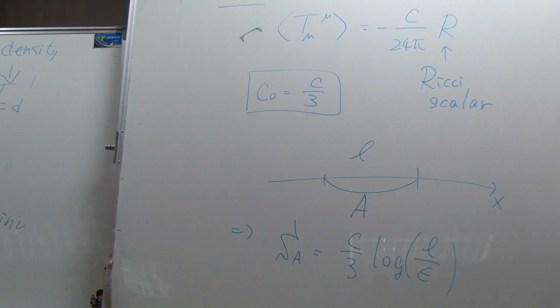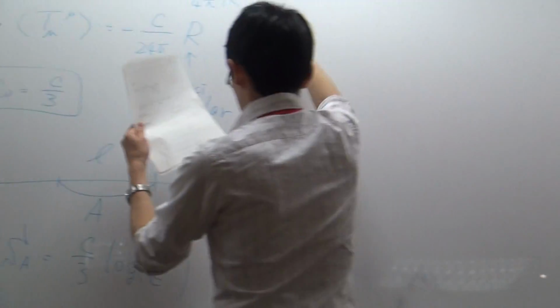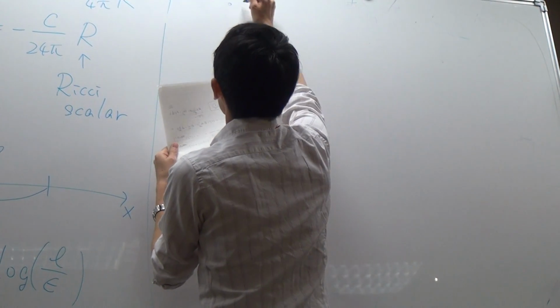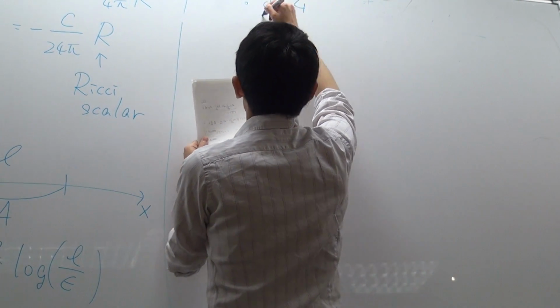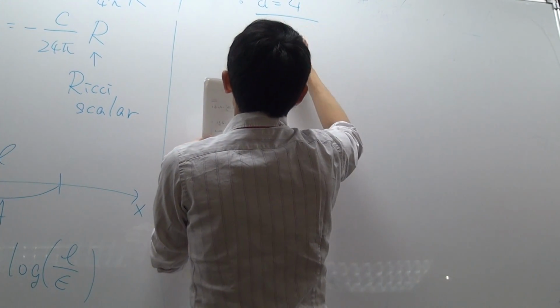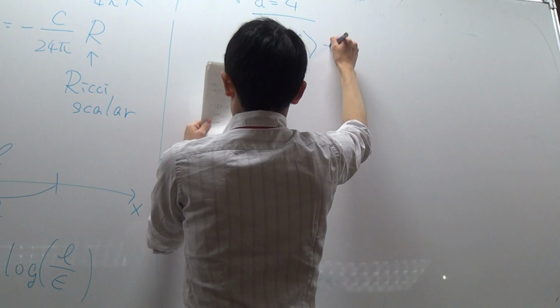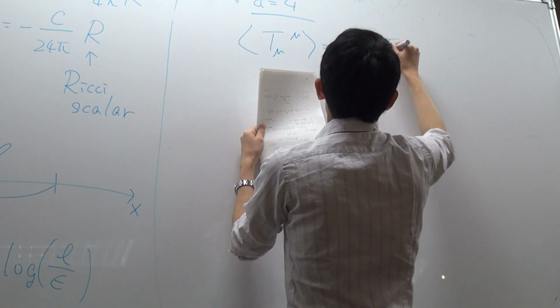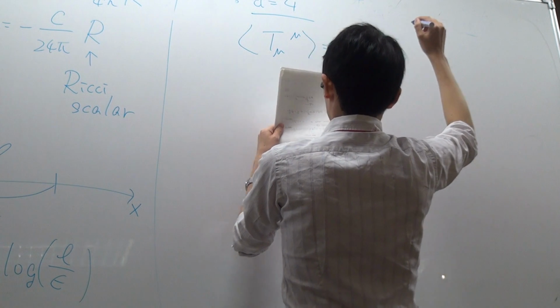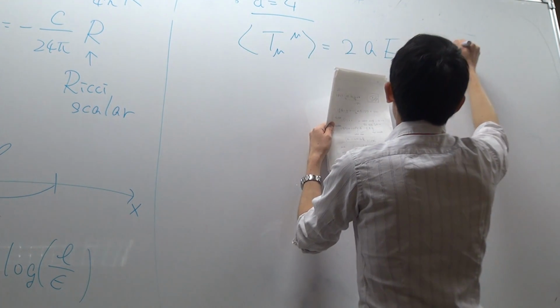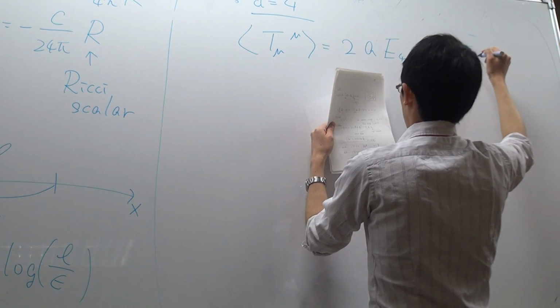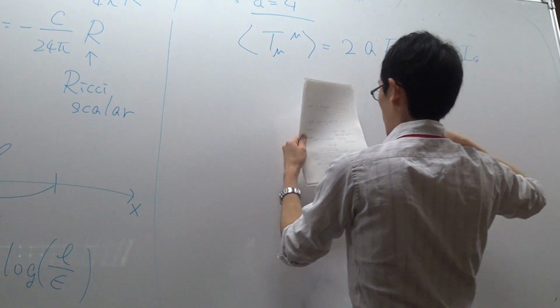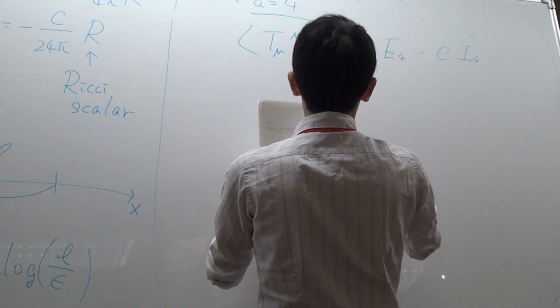But in four dimensions, we have two anomalies. We have one Euler density, E_4, and one Weyl invariant.